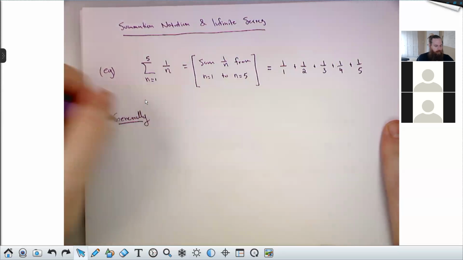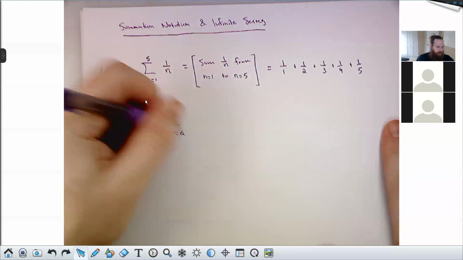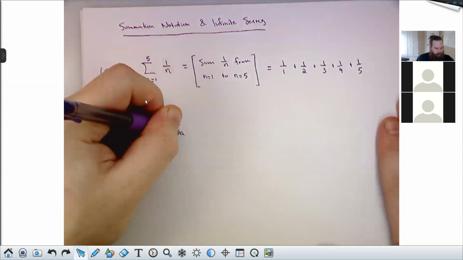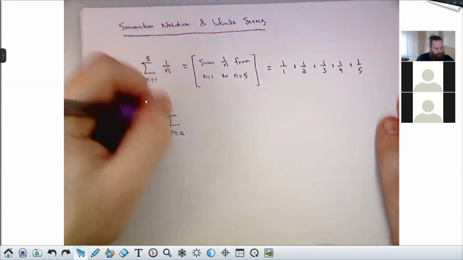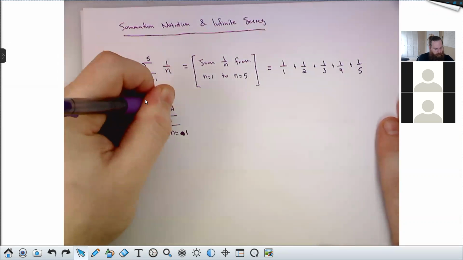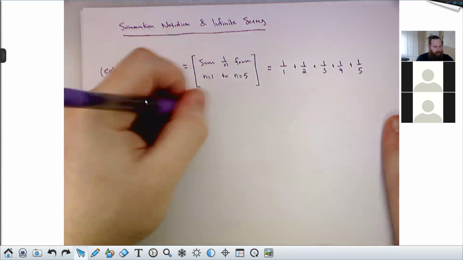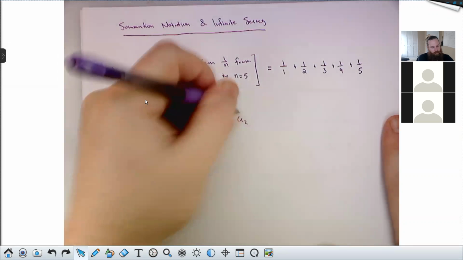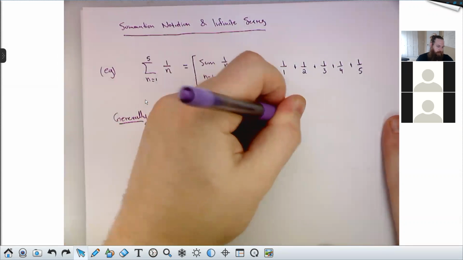Generally, sigma from n equals 1 to capital N of a sub little n is a1 plus a2 plus a3 plus all the way out.